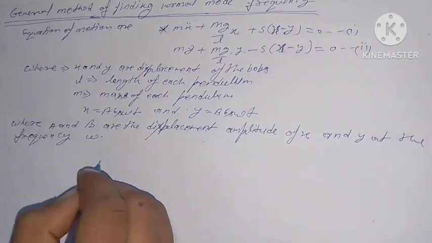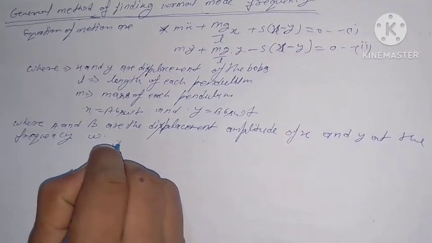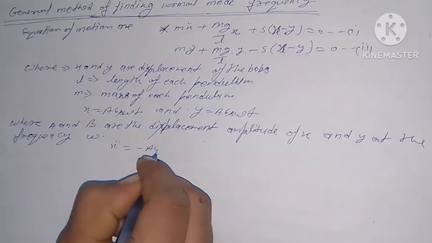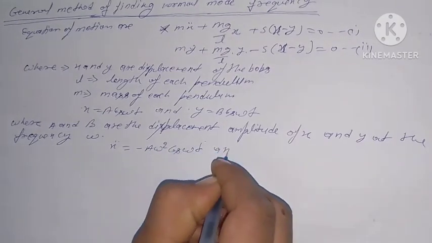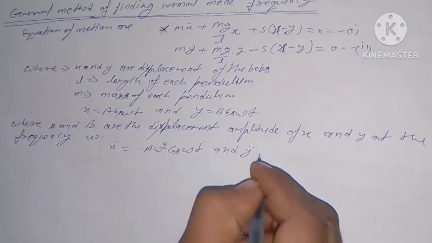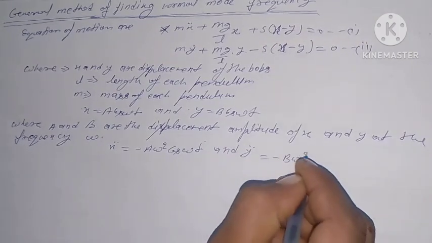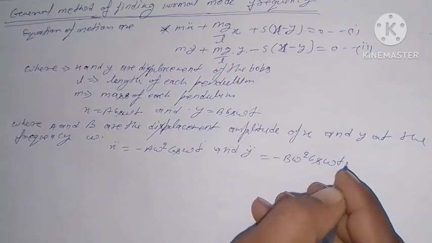Okay, d²x/dt² equal to minus a omega square cos omega t and d²y/dt² equal to minus b omega square cos omega t.